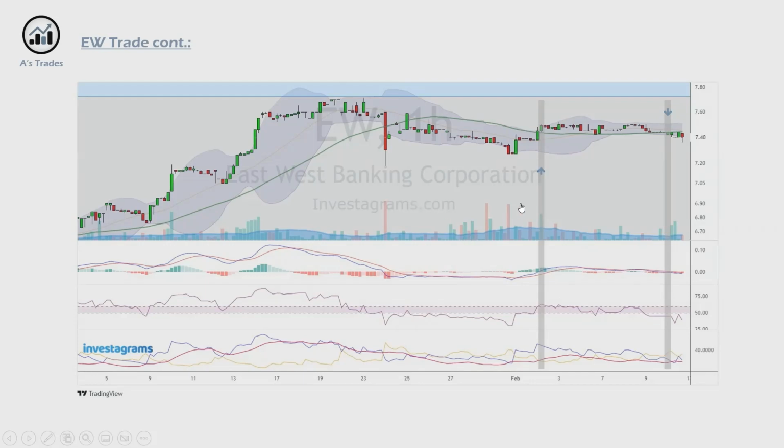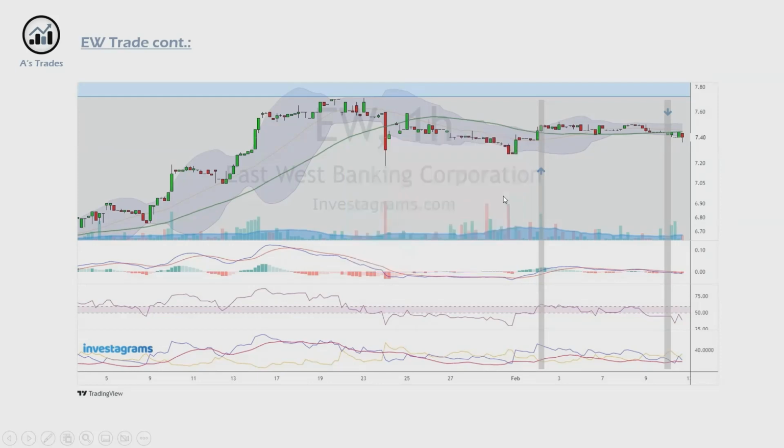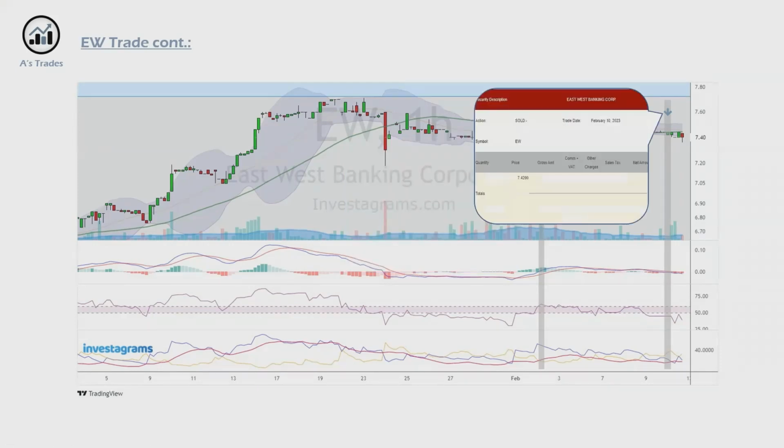So here are my trading confirmation. So I bought the stock on February 2 at the price of 7.49 and sold on February 10th, the price of 7.42.